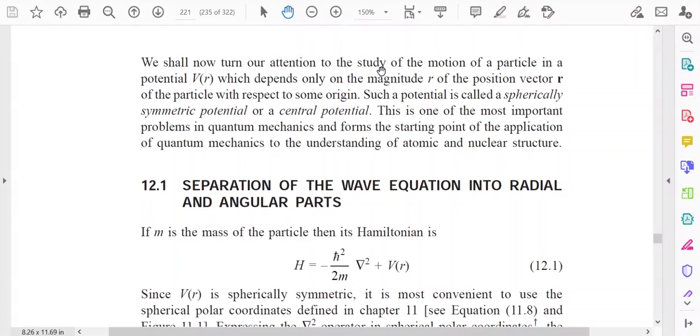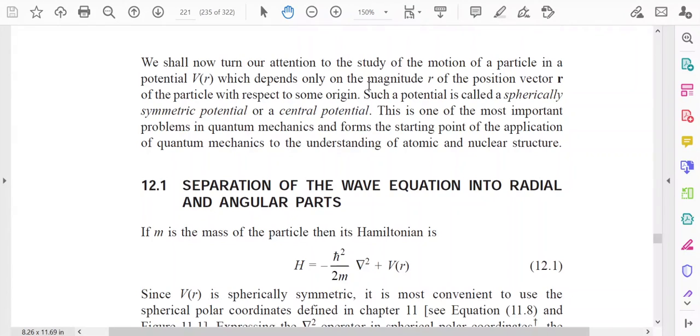Now, in this lecture, we are going to study the spherically symmetric potential. What do we mean by a spherically symmetric potential? Suppose V(r) is a potential.